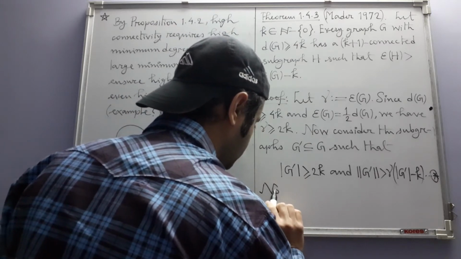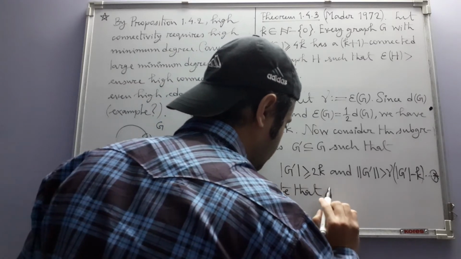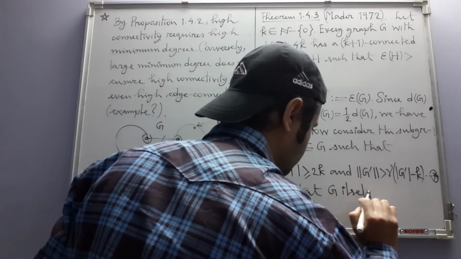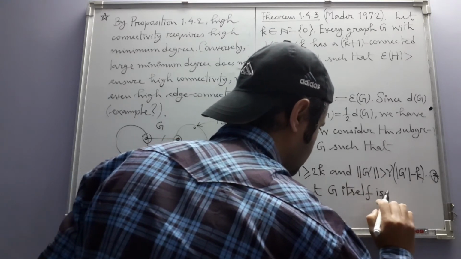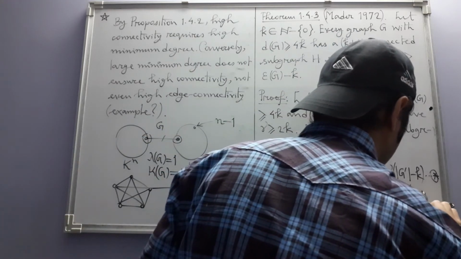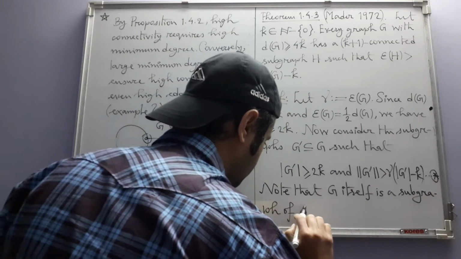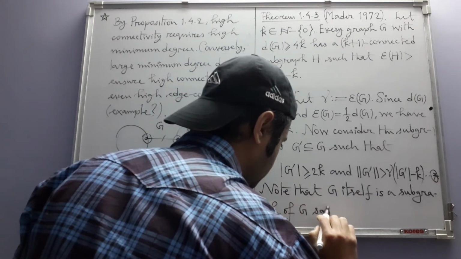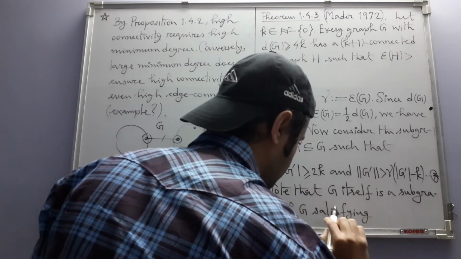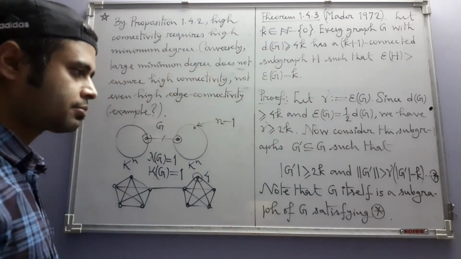Note that G itself is a subgraph of G satisfying star.